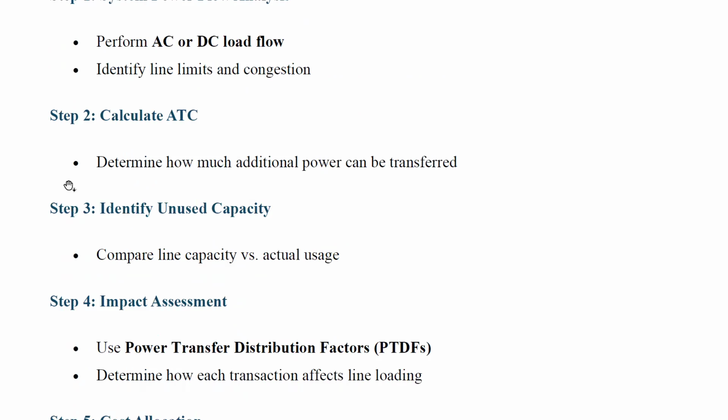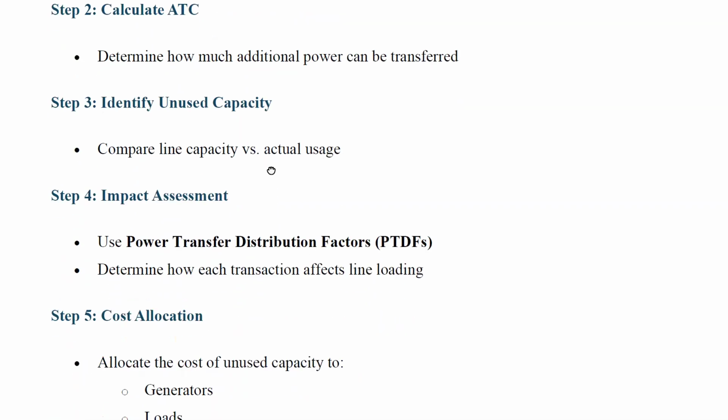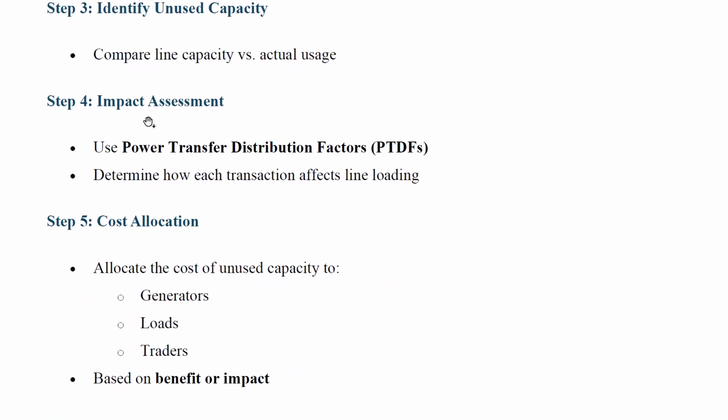Now, step number three, identify unused capacity. How to find out unused capacity? Compare the line capacity versus actual usage. Okay, so total line capacity minus the actual line usage. That way you can easily get the unused capacity. Next, impact assessment.